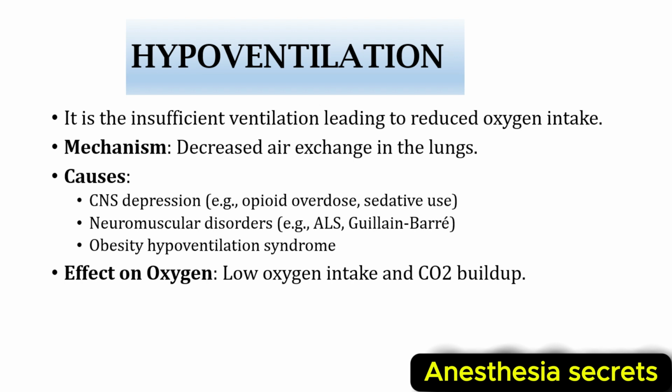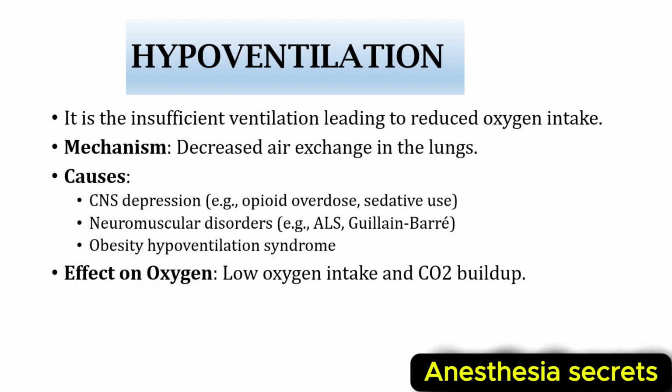Another example is neuromuscular disorders like ALS, amyotrophic lateral sclerosis, a progressive neurodegenerative disease that affects motor neurons and leads to respiratory muscle weakness. Another example of neuromuscular disorders is Guillain-Barré syndrome, an autoimmune disorder that affects peripheral nerves, including those controlling the breathing muscles.